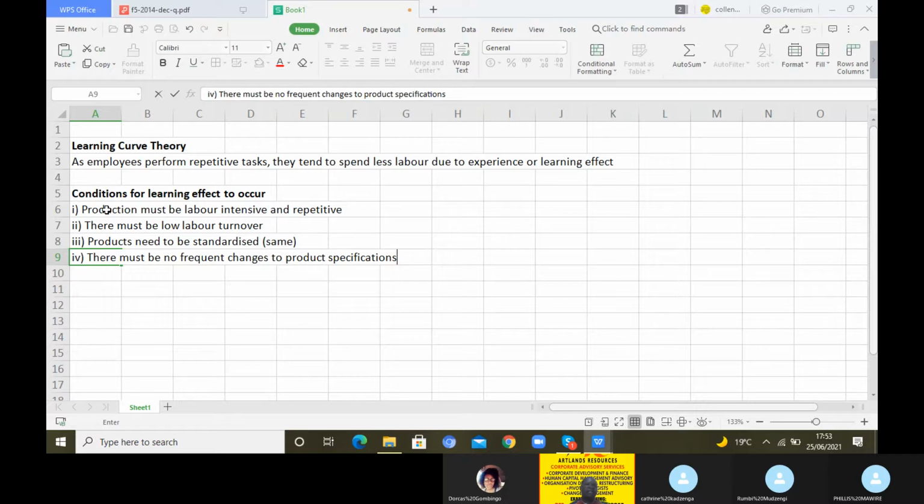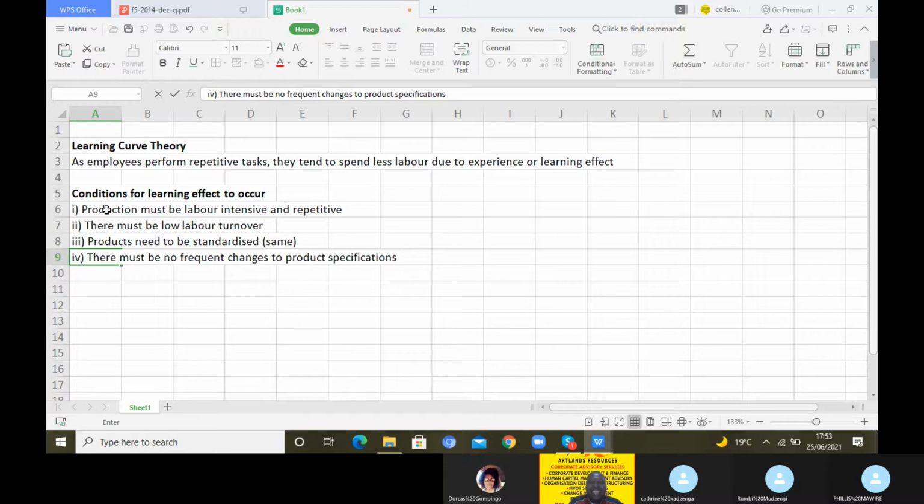Because learning curve theory says, as employees perform repetitive tasks, in other words, products which are repetitive. Now, if you are actually changing product specifications and a whole lot of other things, under the circumstances, you can't then benefit from learning. Are we together? This is not a difficult thing.